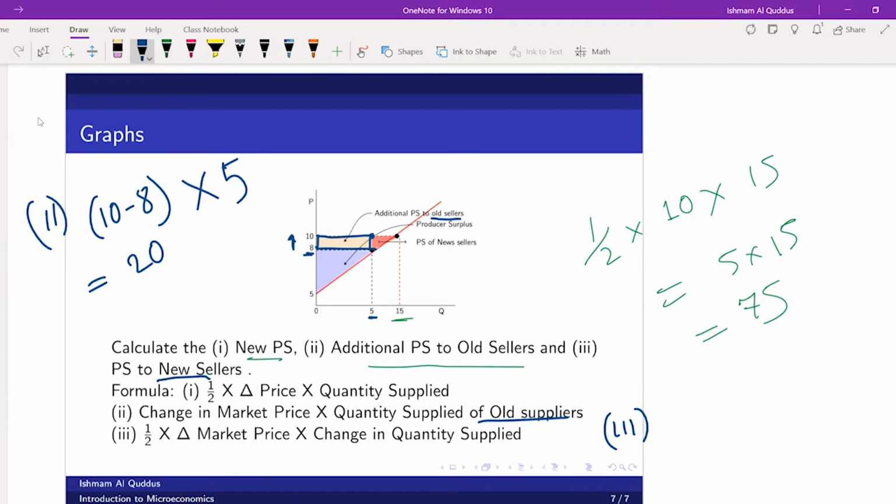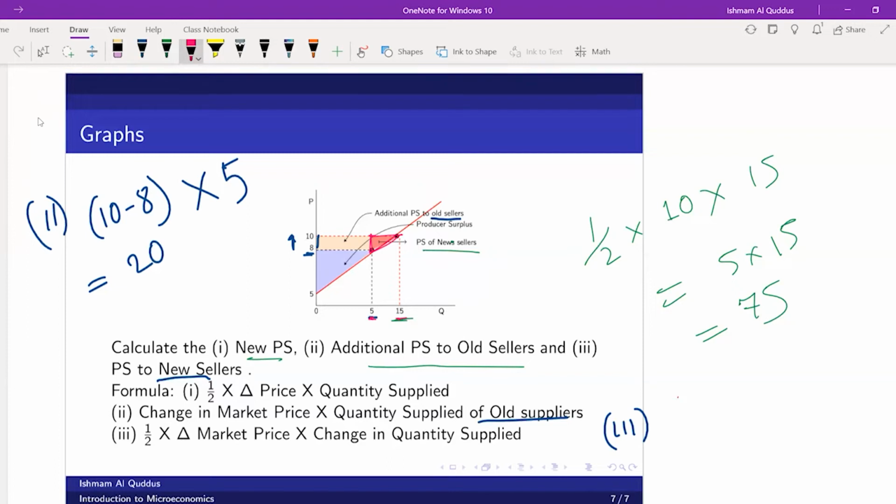Now what about 3? Producer surplus to the new sellers. The producer surplus of new sellers is just this bit, this triangle area. Because they are the new sellers and this represents the producer surplus of new sellers, as the price increases from 8 to 10, the quantity supplied increases from 5 to 15.